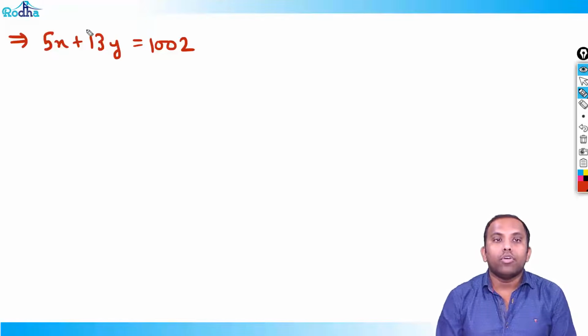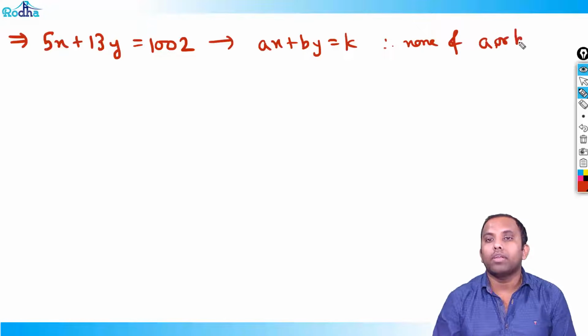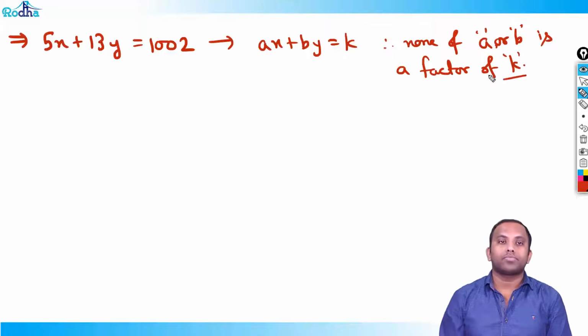So if ax plus by is equal to k, and none of a or b is a factor of k, what can we do in that case? In this case, we can't get the solution directly, because none of a and b is a factor.